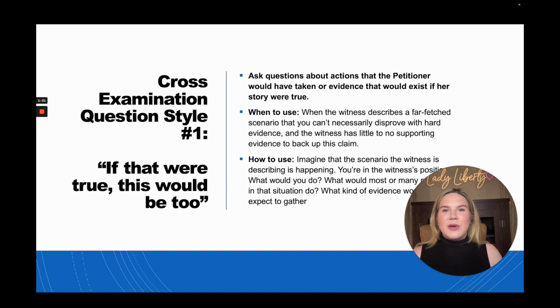What would you do in that position? What would most people in that position do? If you're especially brave or especially smart or whatever, don't take that into account. What would most people do? What would the judge expect a reasonable person in the witness's shoes to do? And most importantly, what kind of evidence would you expect to come from this scenario?